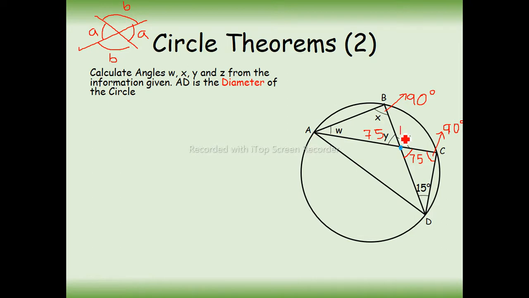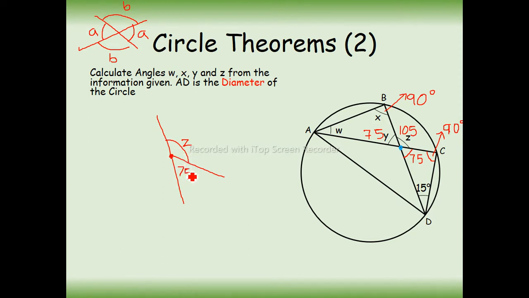Sorry, but can you explain how you get Z again? All right. We look carefully at Z. Z is on the same line as this, so this is C, and this is 75. So they are on the same line, and angles on a straight line add up to 180 degrees.